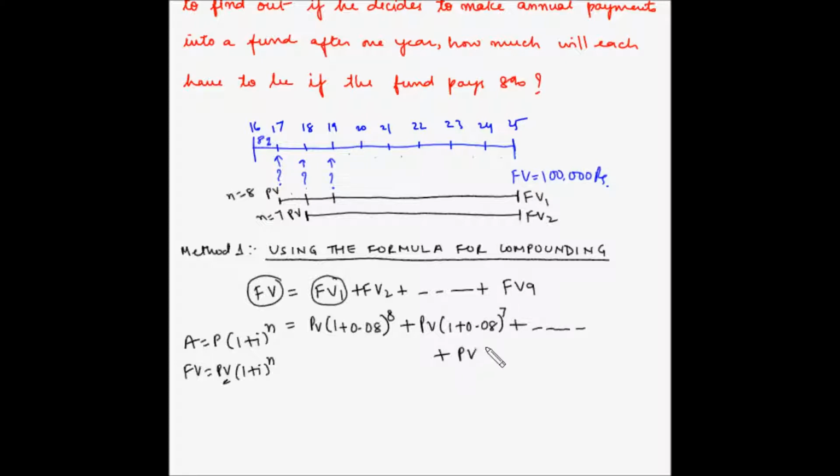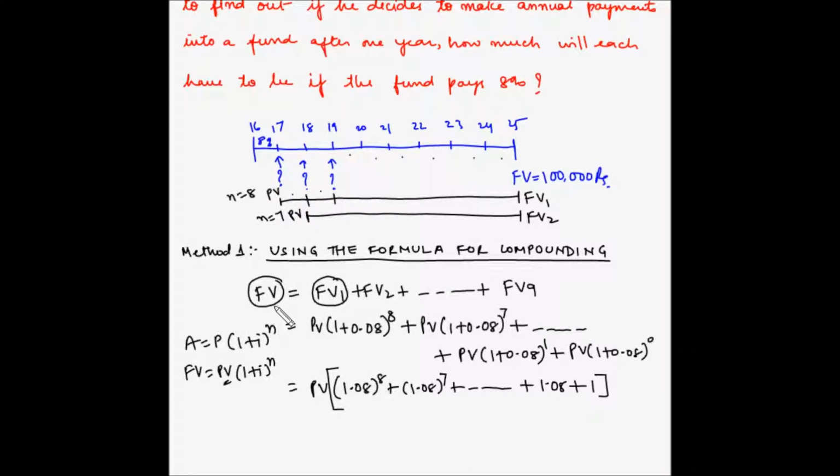So that will be PV into (1 plus 0.08) to the power 1, plus for FV9 it will be PV into (1 plus 0.08) to the power 0. So here we can take PV as common. So we get 1.08 to the power 8 plus 1.08 to the power 7 and so on, plus 1.08, which is this value here, plus 1. So anything to the power 0 is 1.